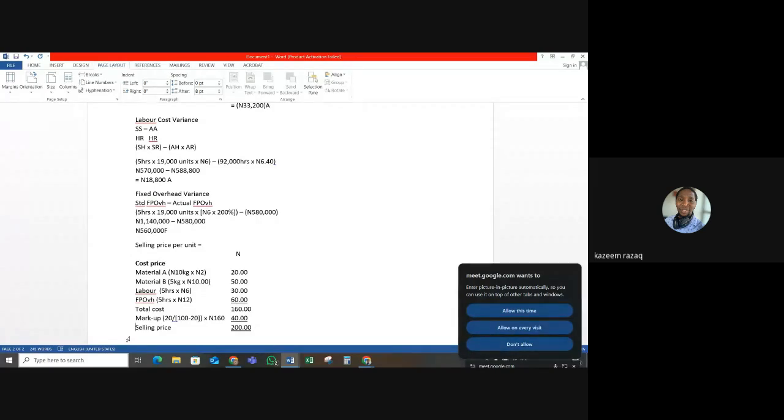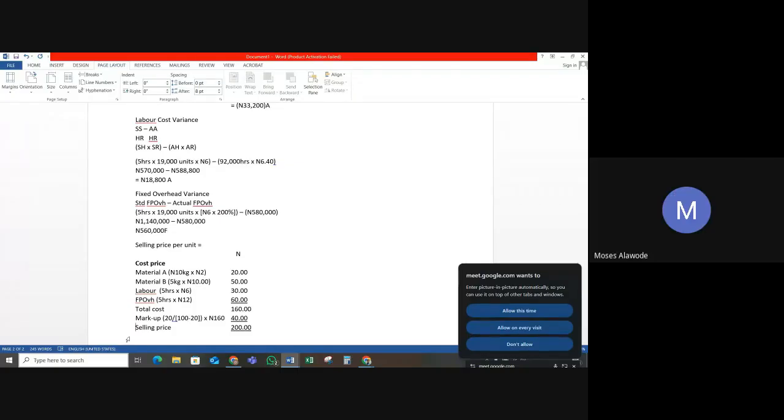Markup is profit on cost. So that's why I converted the margin, profit on sales, to profit on cost, since I have the cost. Had markup been given to me, with all the costs as this 160, I would have used that same 20%, 20 over 100 straight, because 20% of that cost is my profit. But the question gave us profit on sales, not on cost. So I had to convert that margin to markup.